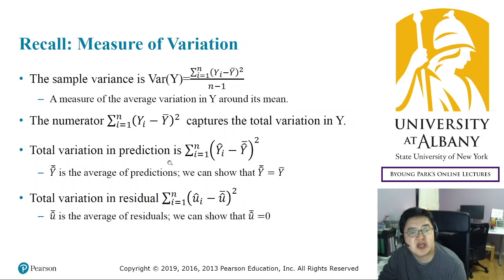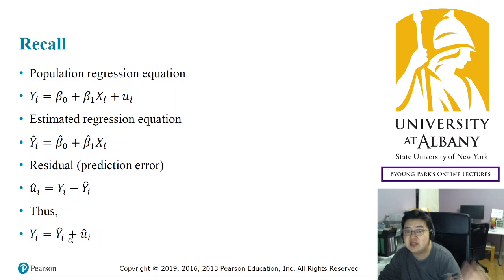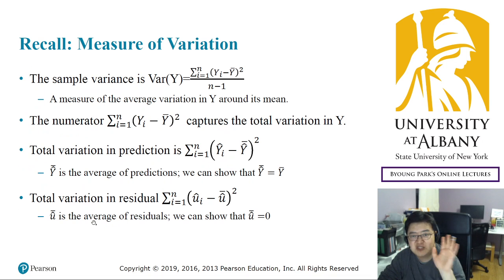Anyhow, from the basic decomposition of the actual realization into your prediction plus prediction error, for each of them you can define the total variation in y, the total variation in your prediction, and the total variation in your residuals.